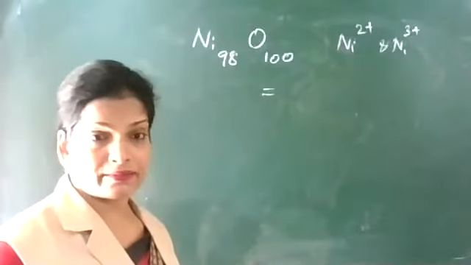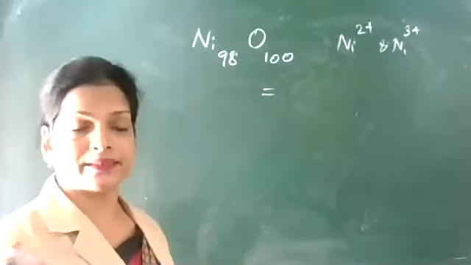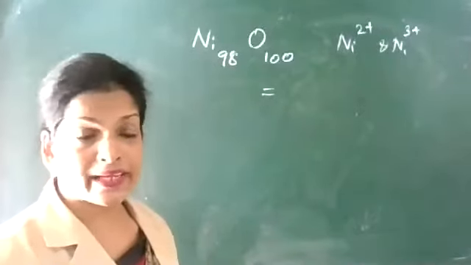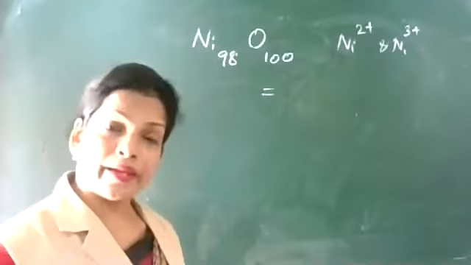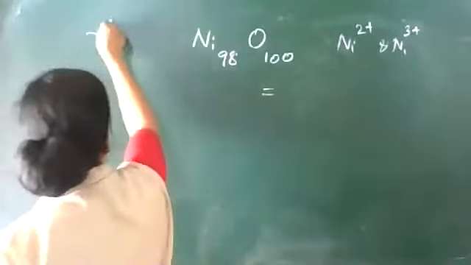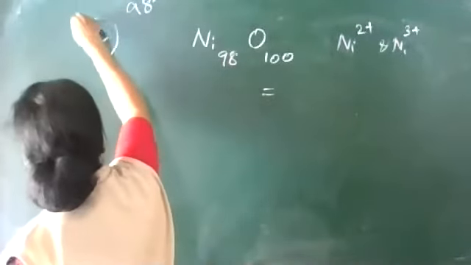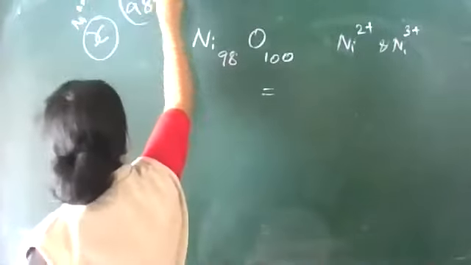Now we have supposed that Ni2+ ion's number is X. So 98 minus X will be the number of Ni3+. So X and 98 minus X. This is Ni2+. So this will be Ni3+.